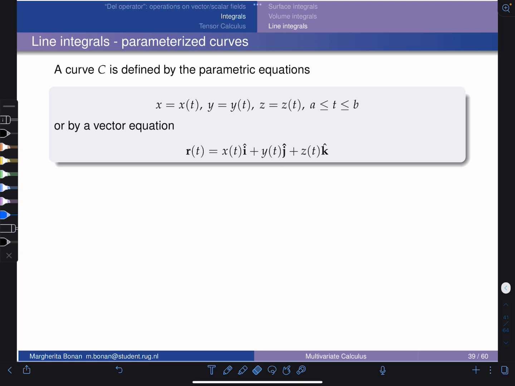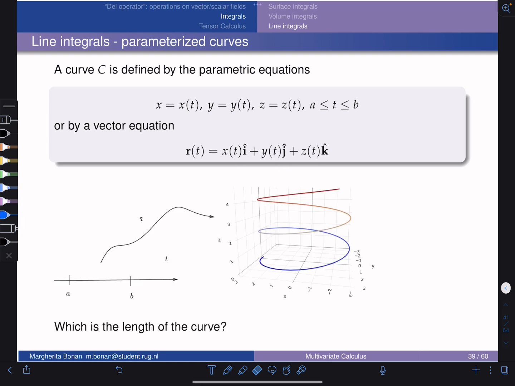We call r of t the vector function, which has x of t, y of t, and z of t as its components. We can see this function r as a function that takes values of t in the interval [a, b] and maps them to a point, a 3D point in this case, on the curve.